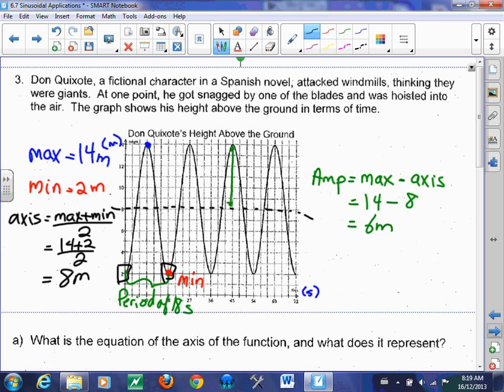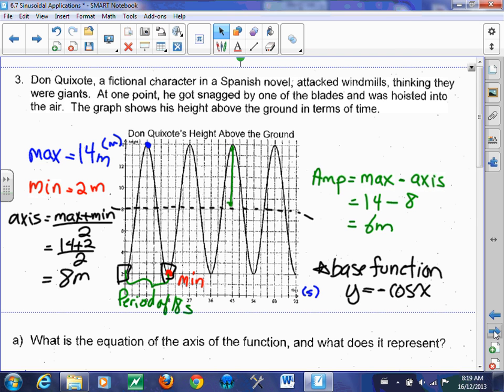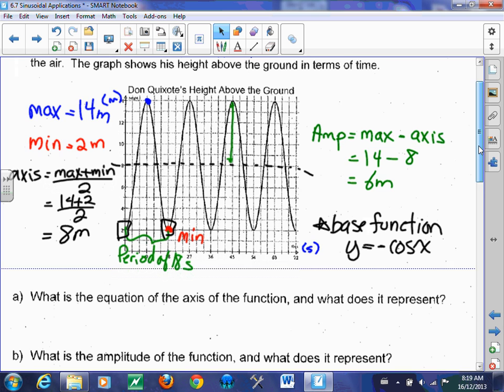So if we're looking for a base function here, normally we go max to max for cosine, but we're going min to minimum. So I'm going to automatically put down y equals negative cos x. So I know that I'm starting with a reflection over the x-axis, so I know my a is going to be negative if they ask me for the equation. I just have it there just so that I know I've already recognized it. It's going to be some helpful information.